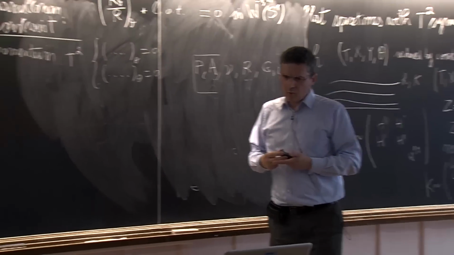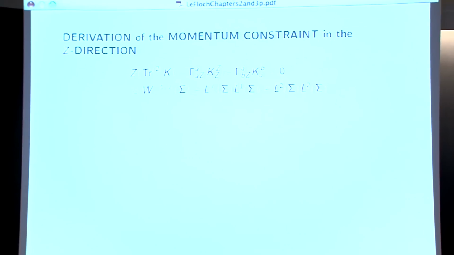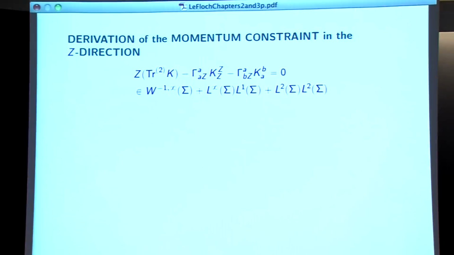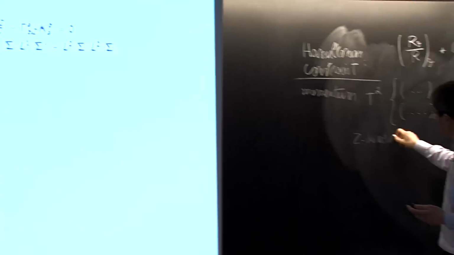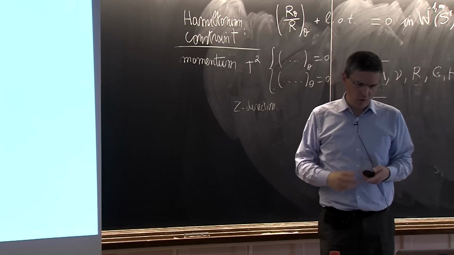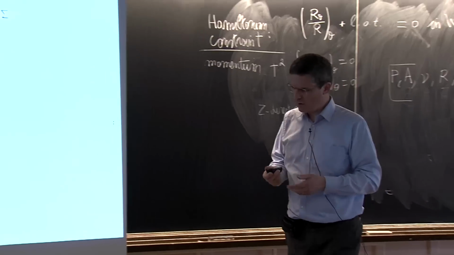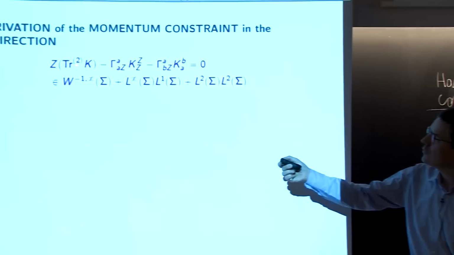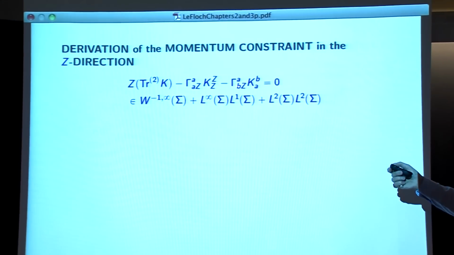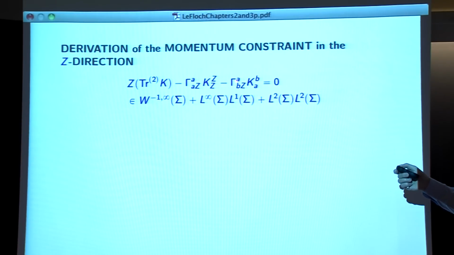Now we can also look at the momentum constraint in a z direction. So we start from our geometric definition, which was that z of the trace 2 of k and some combination, and you remember that there was some regularity here and you had to be careful about defining that.